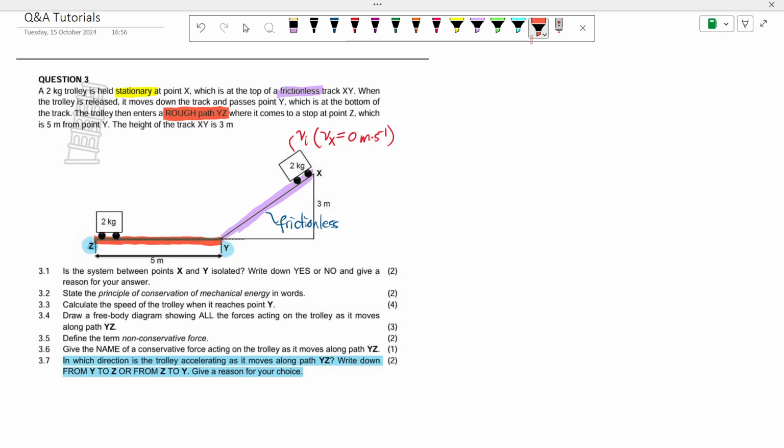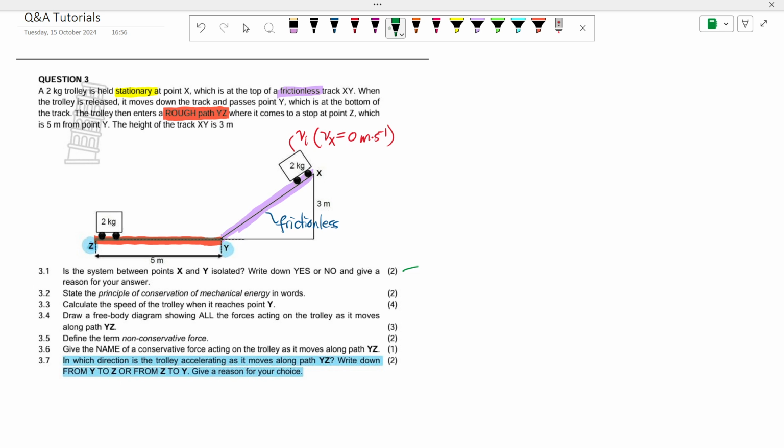Then the first question is: is the system between XY isolated? Write yes or no and give a reason for that answer. What do we think? Yes, because it's frictionless. Whenever we say something is isolated, it means there's no friction, or no external forces as a whole.